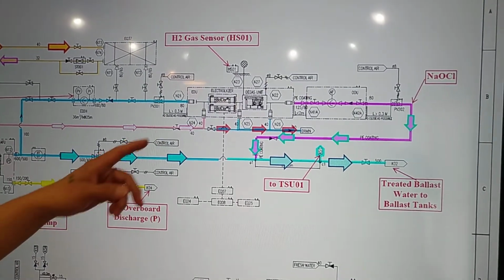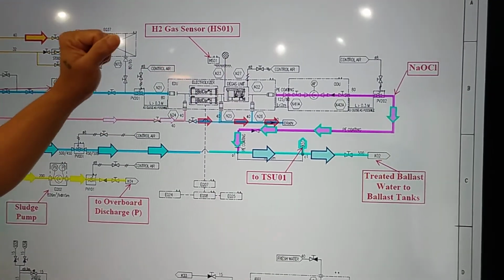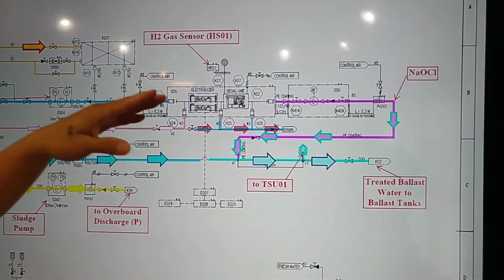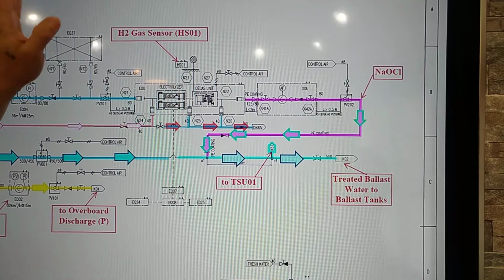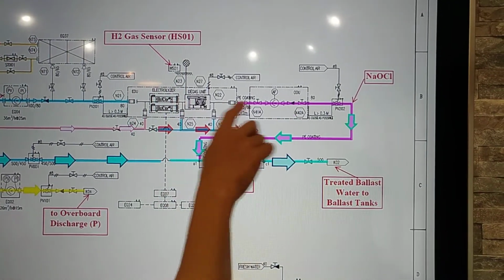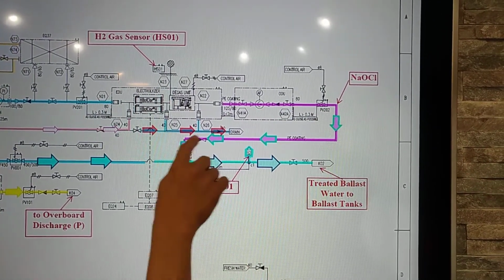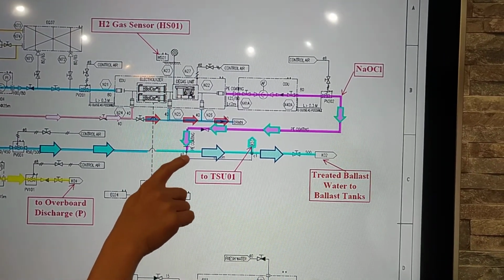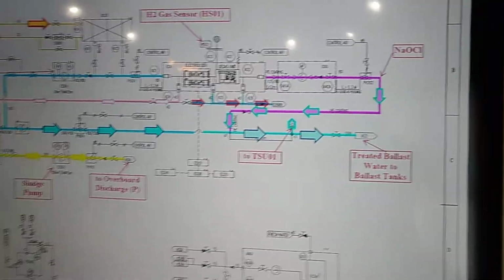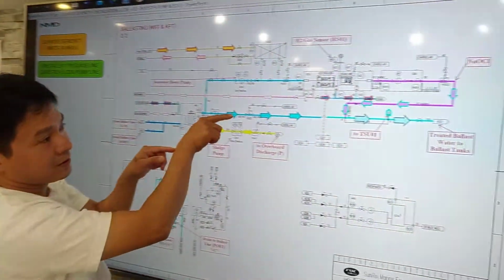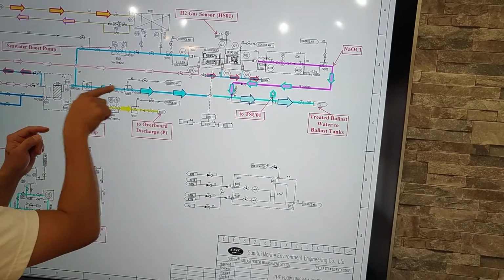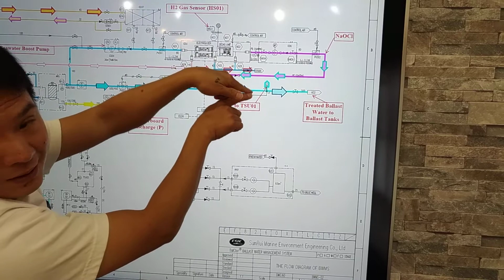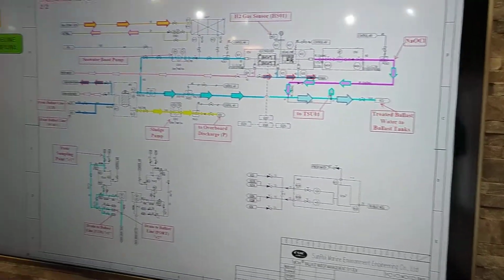So in our EDU, this system is going to separate the hydrogen gas and the sodium hypochlorite. So we throw away the hydrogen gas mixed with the air, and then the sodium hypochlorite will be pumped to our main pipeline, to our injection point, mixed with seawater, and then goes to ballast tank. So our seawater here from filter will go to ballast tank and injected with sodium hypochlorite. So it will be treated going to ballast tank.